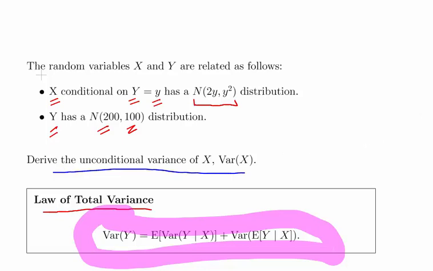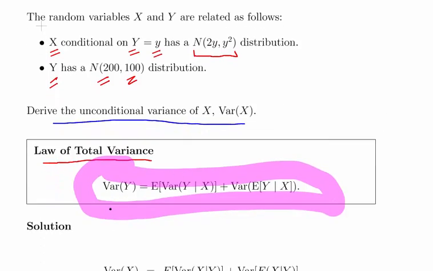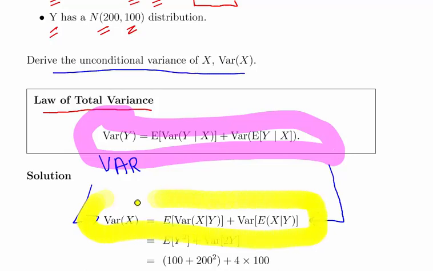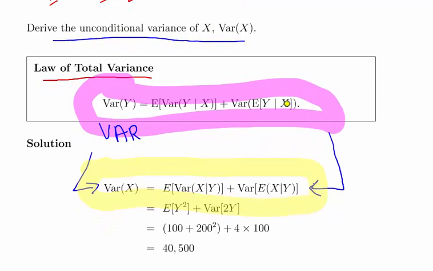Just rewriting this formula, I'm going to flip the positions of X and Y, because we're dealing in terms of X conditional on Y. So we re-express that formula as follows: you just put X where Y is and Y where X was.